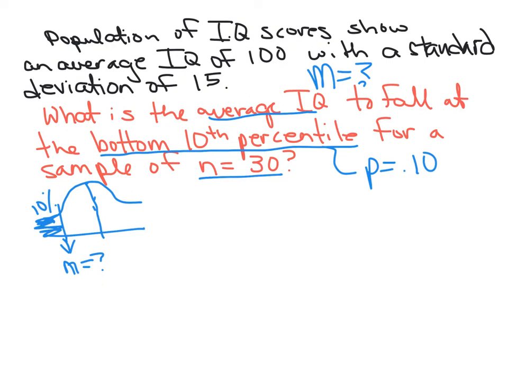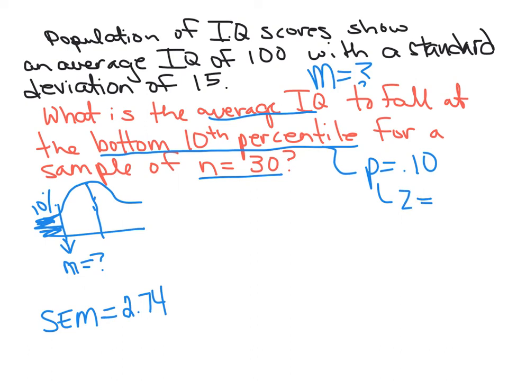Now, we already have the standard error of the mean, I think, for a sample of 30. If we go on paper and use notations, it's easy for you to go back and plug things in really quickly without having to recalculate them. So our standard error of the mean is 2.74. But what we want to do is find the z-score at P equals 0.10. So z equals.